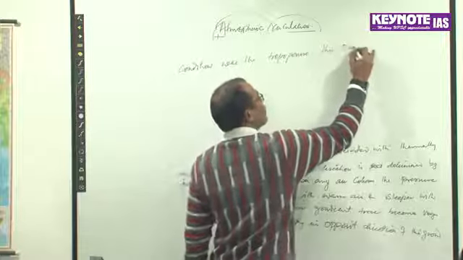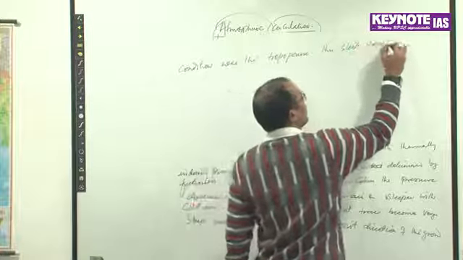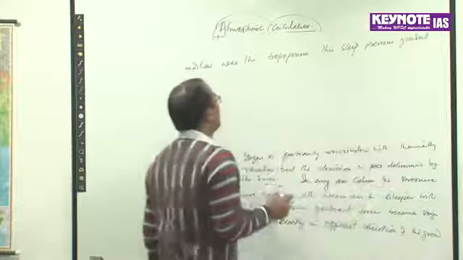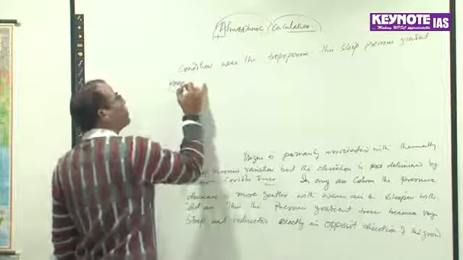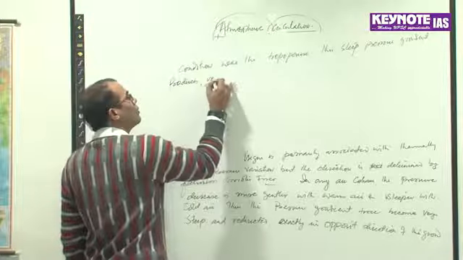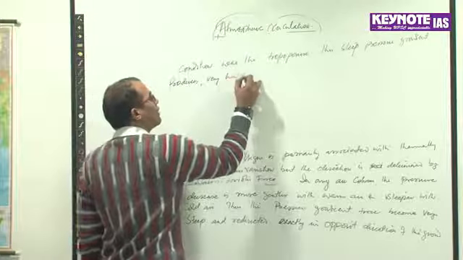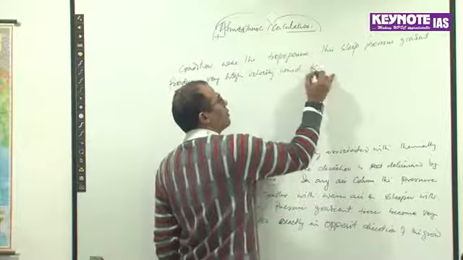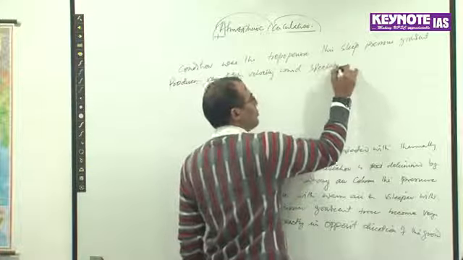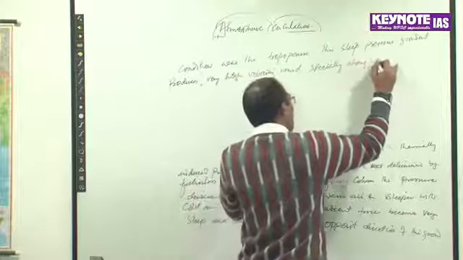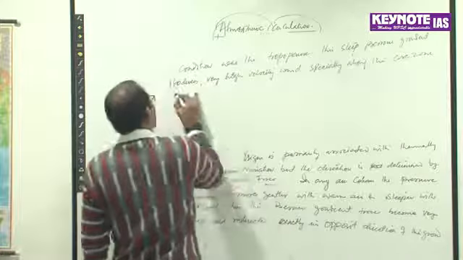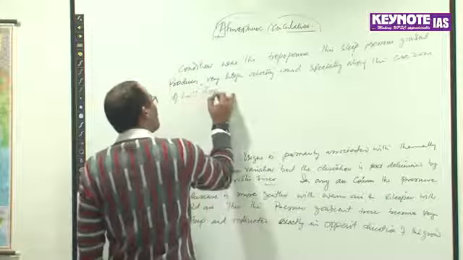This steep pressure gradient produces very high velocity wind, especially along the core zone of the Rossby wave.